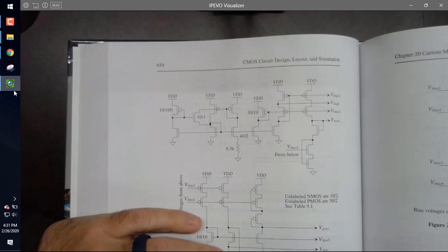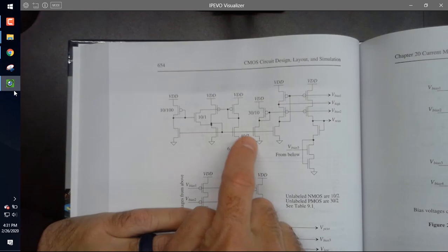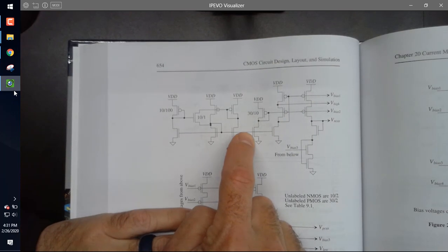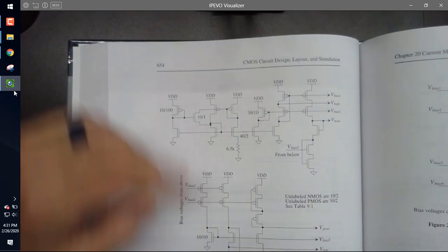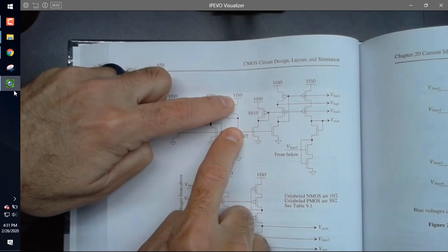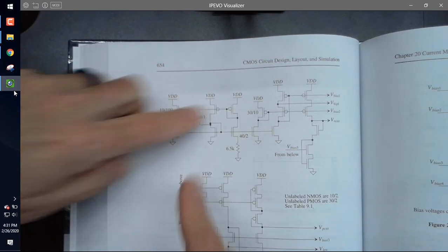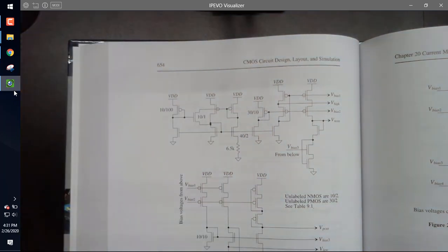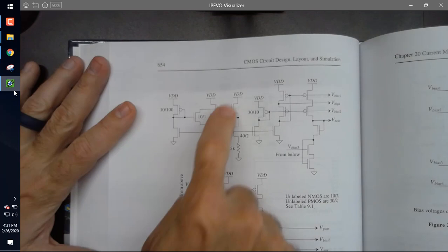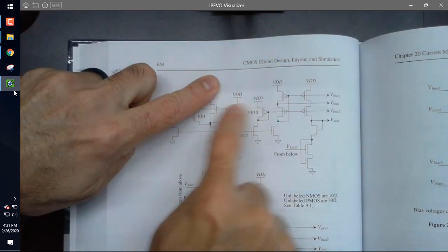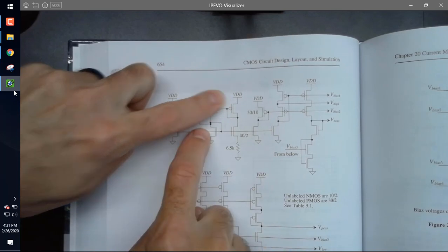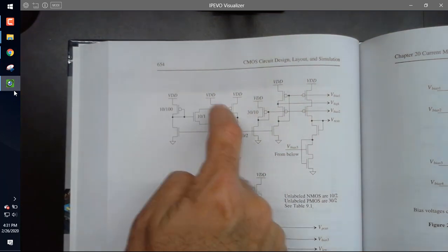Now, real simple. Notice first, I've only got one output of my beta multiplier coming out, right? I'm only using that because I don't want to use this one and this one, because then I don't get all the benefits of having one current, one power supply. Here, the bias current is going to change slightly depending on the bias current here.